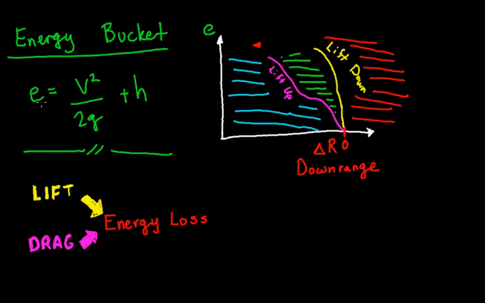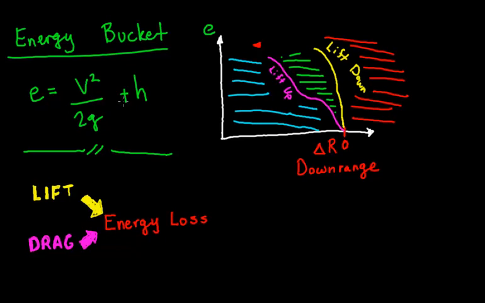Now, to review a little bit, we have to worry about the vehicle's energy. And when we talk about the energy, we're talking about the total specific mechanical energy, and we just call that E. E is equal to v squared, which is the velocity squared, divided by 2 times the acceleration of gravity, plus h, and h is just the altitude above the surface of the Earth. So you might recognize this is just the kinetic energy and the potential energy.